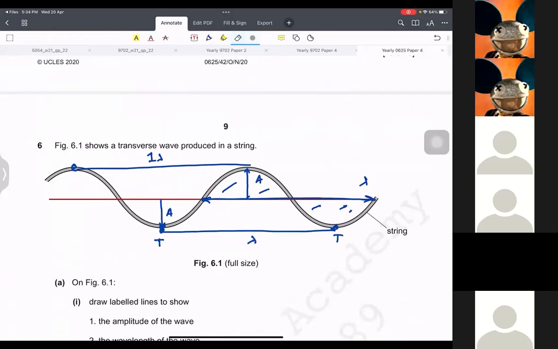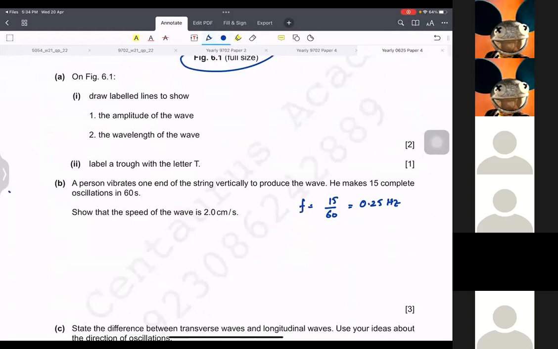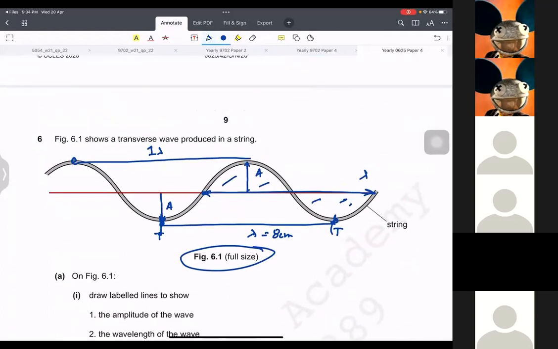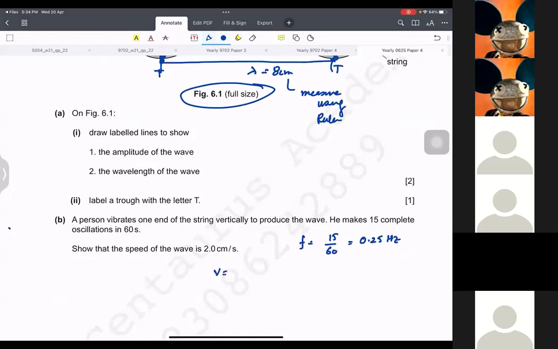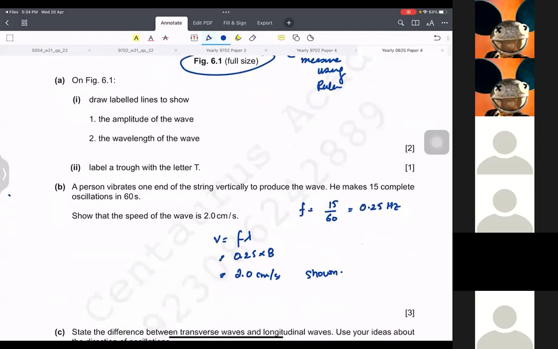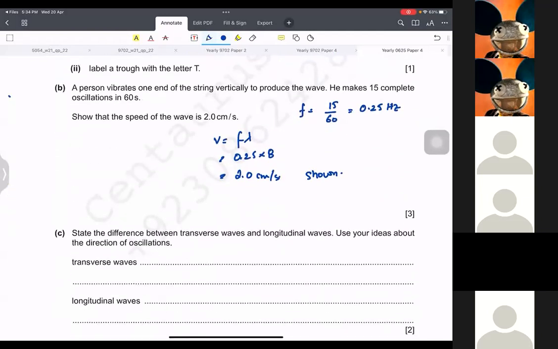It's a full size image, and you need a ruler to measure this. I believe that when you measure this, it is going to come as 8 centimeter because I worked it out and it was 8 centimeter, right? So please measure using a ruler because this is actual size. And then you use V is equal to f lambda, 0.25 and then 8. This would give you 2 centimeter per second. Sure, like that. I don't have the ruler, so I can't do it.